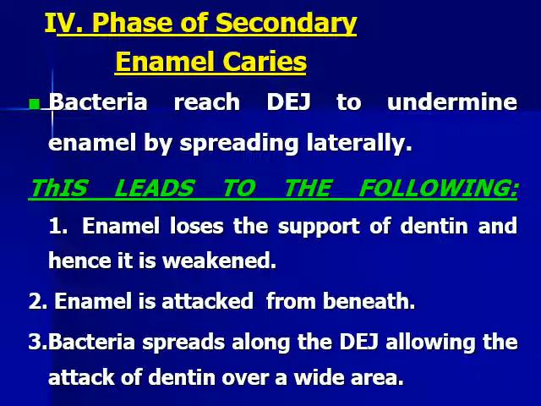Cavitation starts. Second thing is that secondary enamel caries takes place and the enamel is attacked from below. Third thing is that when the bacteria spreads at the amelodentinal junction, it starts attacking the dentine on the other side over a wide area.